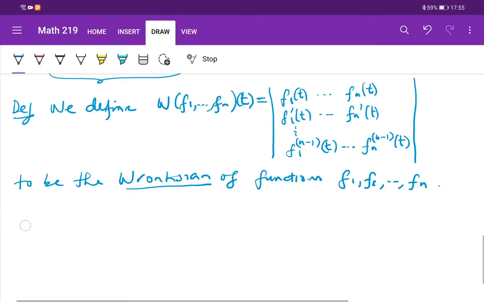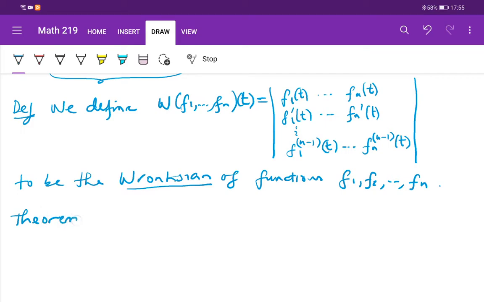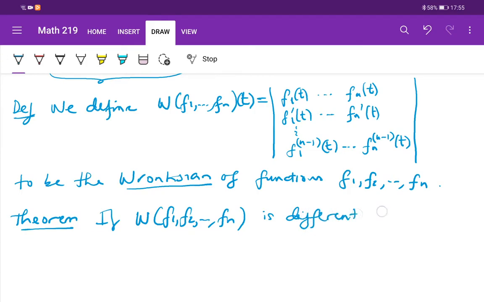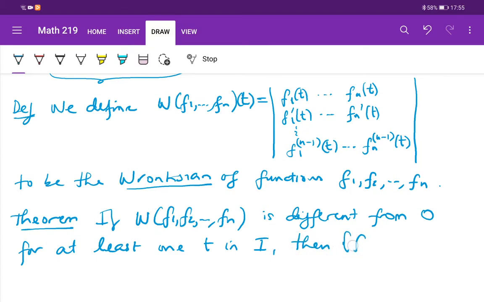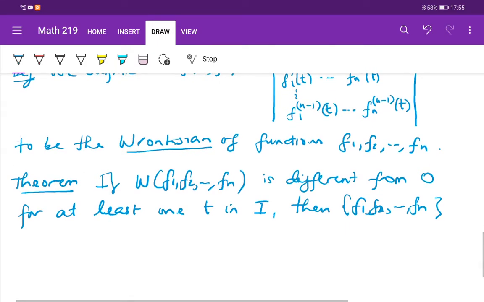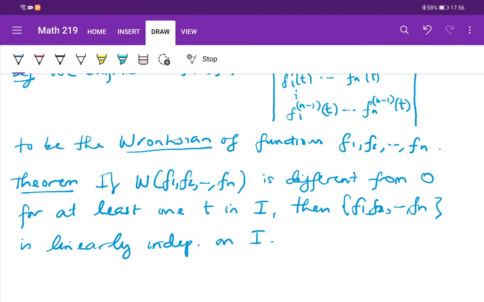And we have the following result. If the Wronskian of f1, f2 up to fn, which is a function, is different from 0 for at least one t in I, then the set of functions f1, f2 up to fn is linearly independent on our interval I. Okay, so we only need it to be different from 0 for one t.